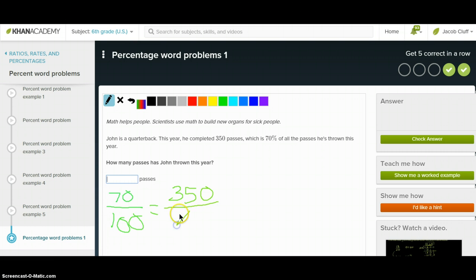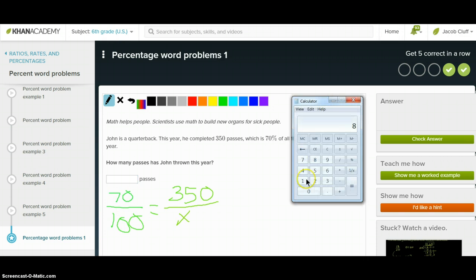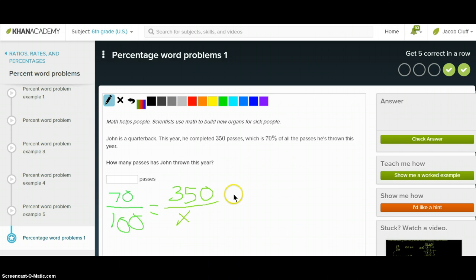And this x is going to be the total number of passes that John has thrown. And he's completed 350 of the passes, and that 350 is the 70%. So let's do a little math here. So we have 350 multiplied by 100 divided by 70 equals 500. Alright, so x equals 500.